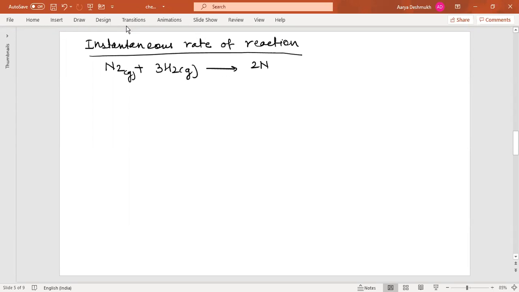The same reaction you can write. Now the coefficients are again important here. So for this instantaneous rate at time t, meaning at that particular moment, what is the rate of the reaction? That is why we introduce the derivative term. Derivative means at that moment, we replace this delta by d.